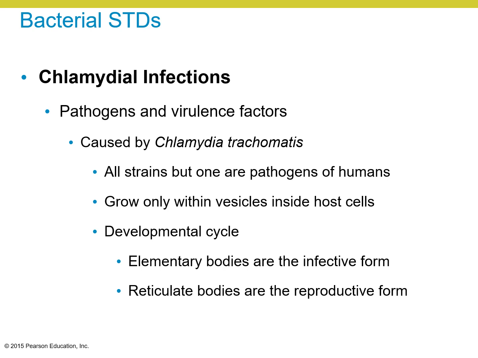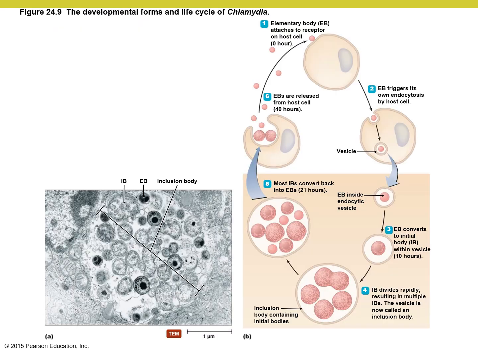They can as well be polymorphic, which means they can have more than one morphology. Okay, this one here is the developmental form and the life cycle of chlamydia we just mentioned.